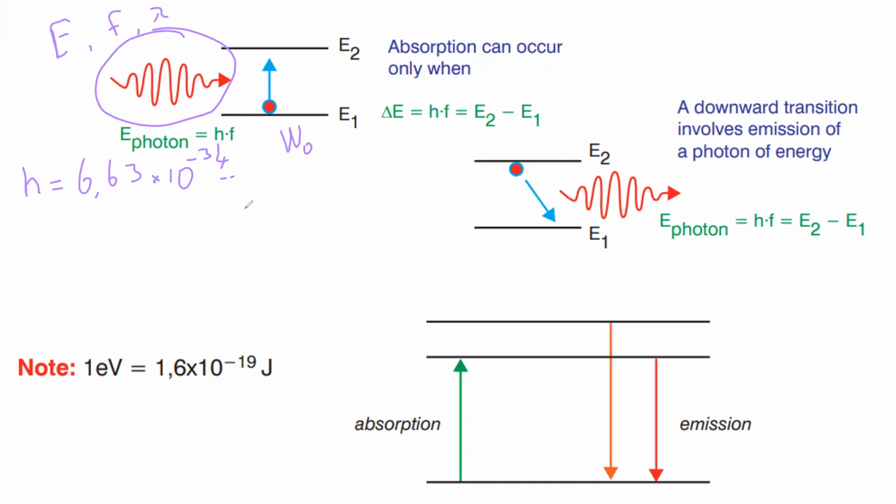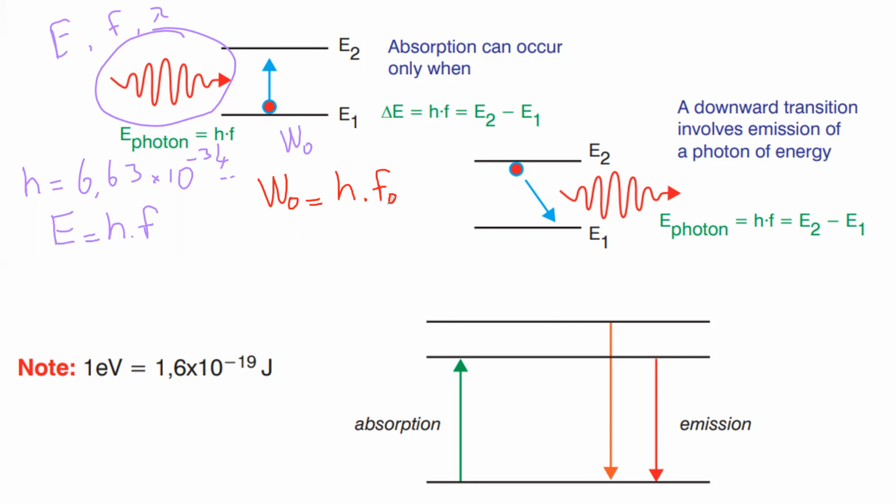And the formula for the energy of a photon is E equals h times f, where f is the frequency of the photon. We should separate the energy of the photon and the energy of the electrons, so minimum energy, work function. When you want to write the formula for work function, it equals h, still using Planck's constant, times f0.